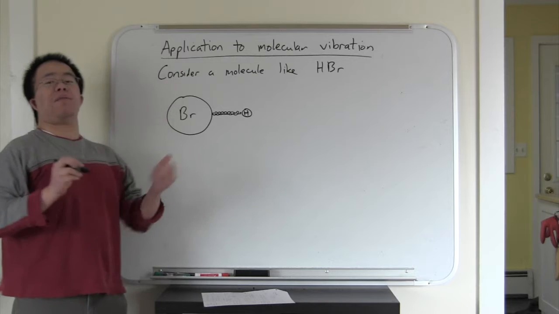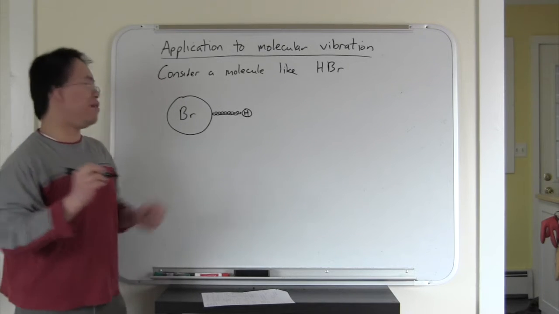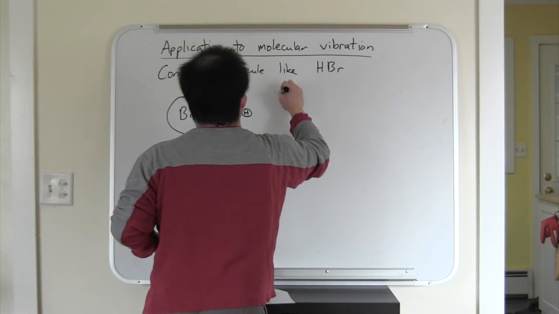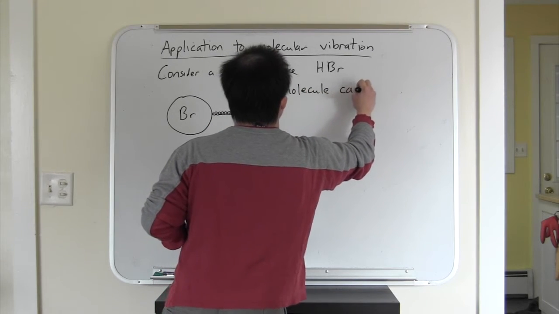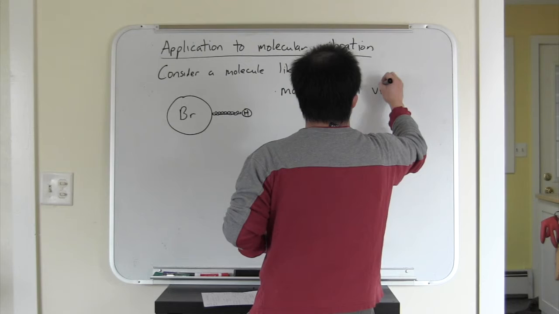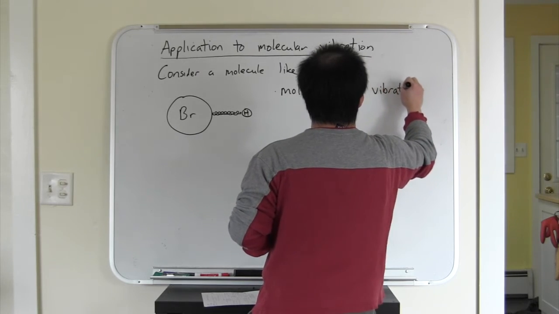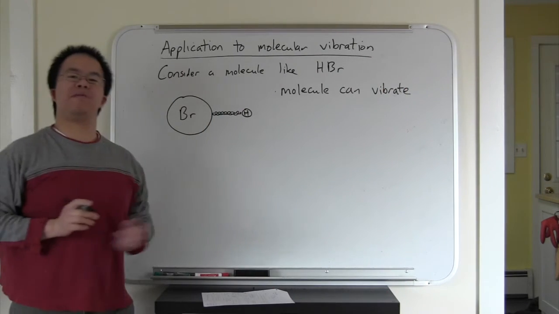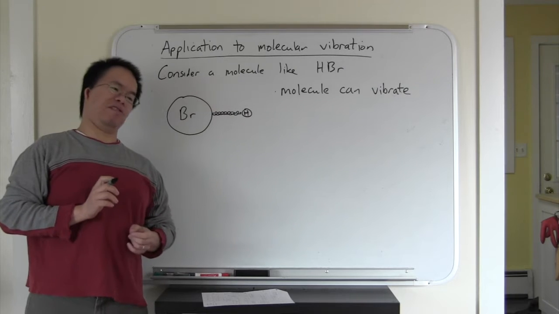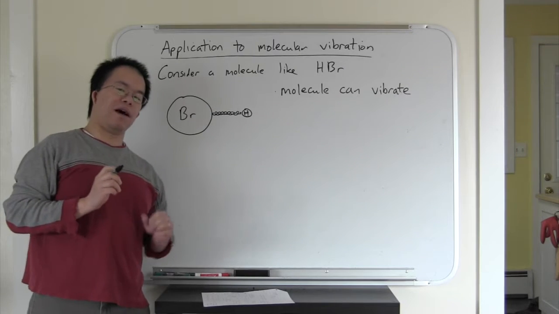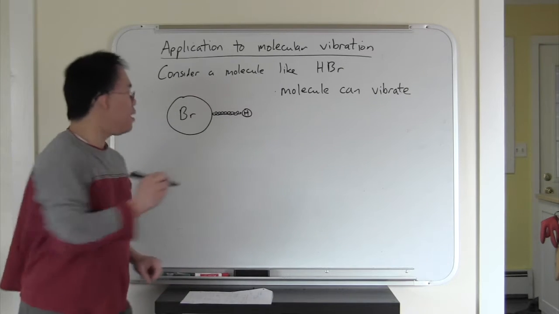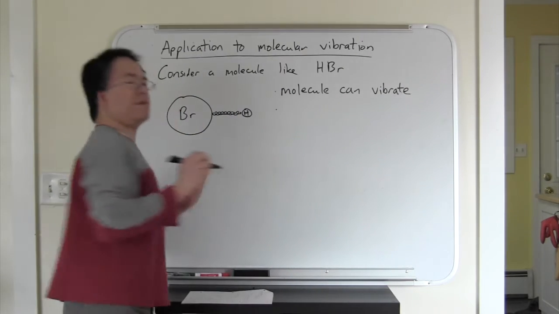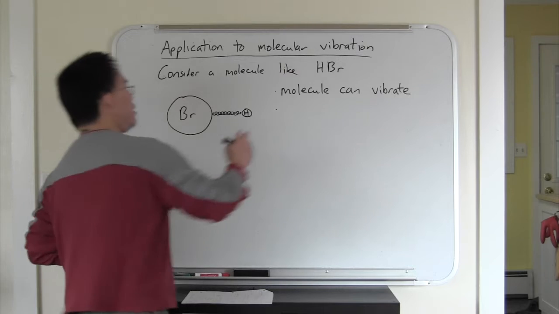It turns out the molecule can vibrate. Now, I picked HBr for a particular reason, namely one that makes the analysis a little bit simpler. So, namely, we can make the following approximation.